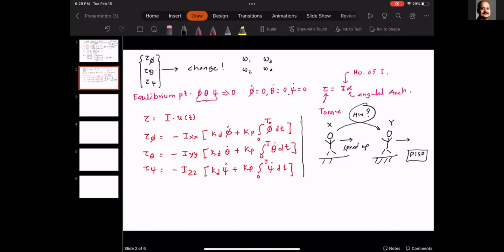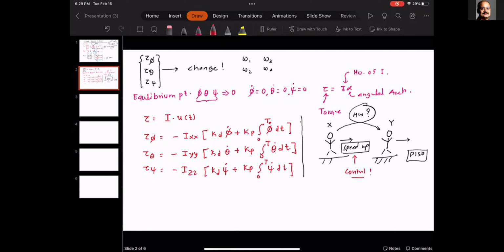X would start walking fast with the hope that before person Y reaches Pikachu 150, X would be very close to Y, and then that person will be able to talk to him. So speeding up, this actually is the control.